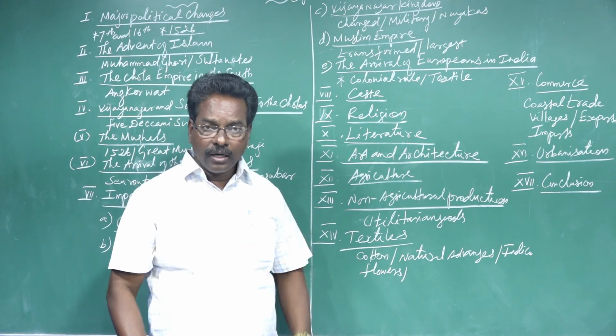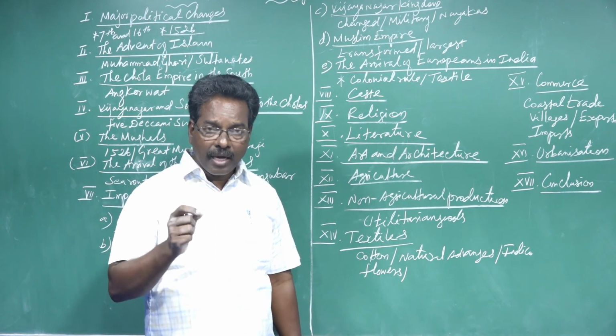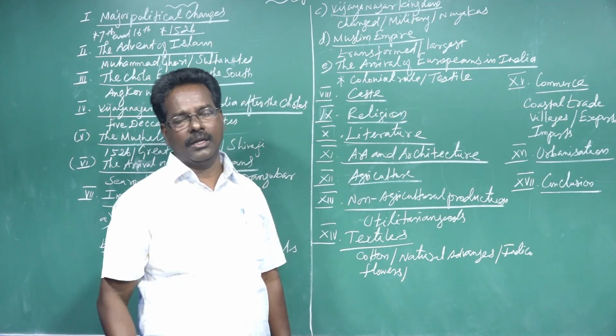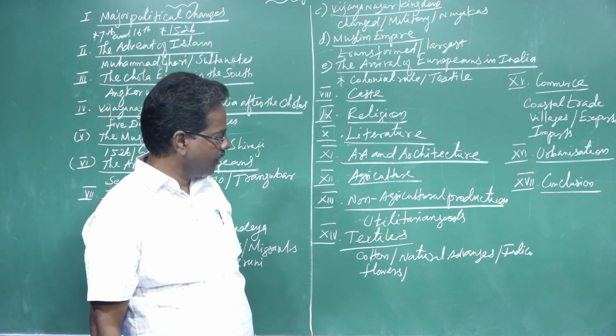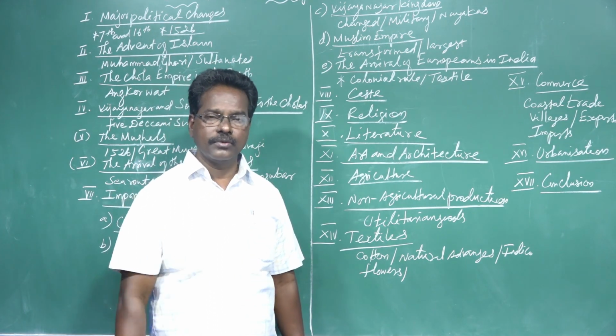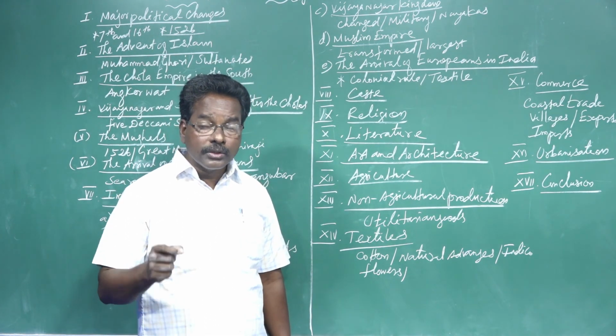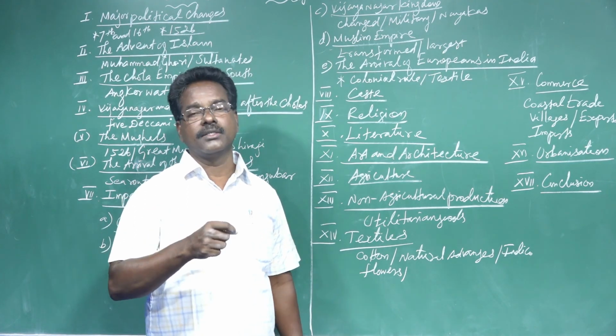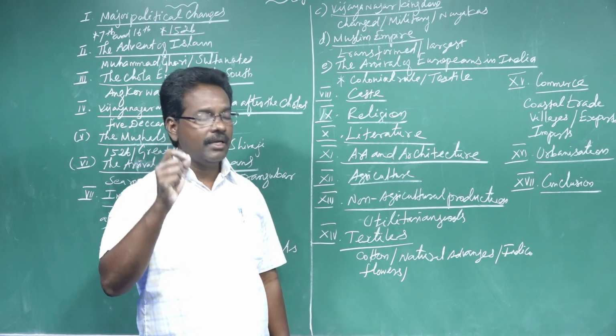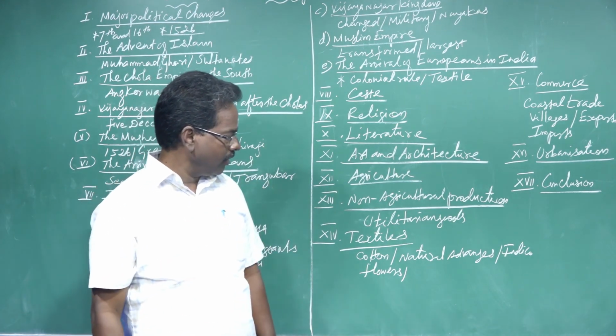In agriculture, name the products which became an integral part of Indian food. Potatoes, tomatoes and chilies. What are utilitarian goods? Utilitarian goods include pots, pans, fluffs and woodworks which were entirely utilized by rural people.